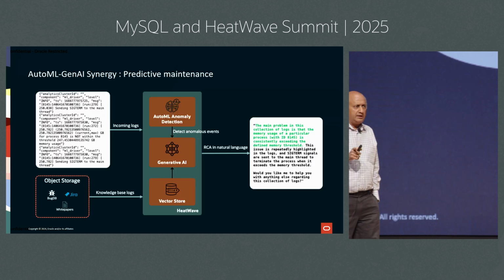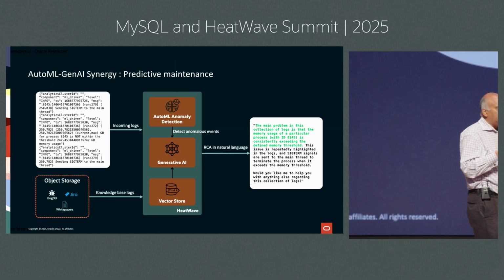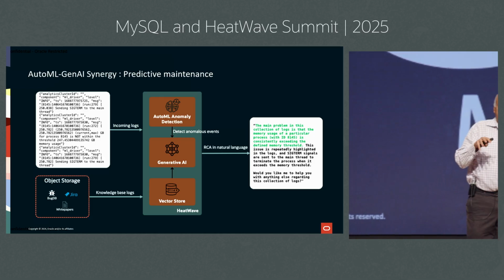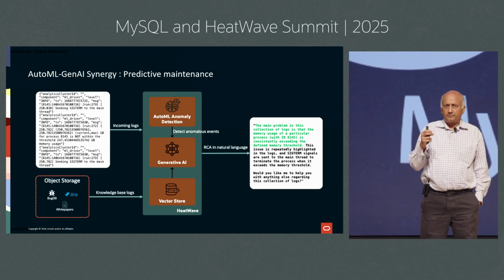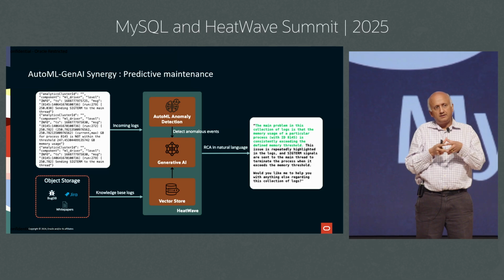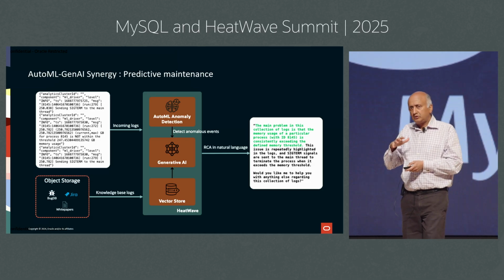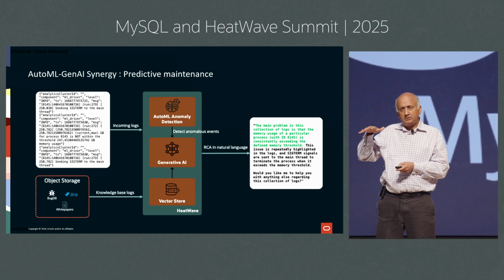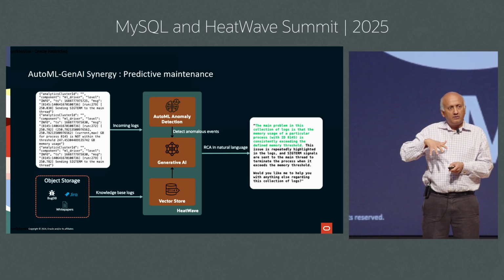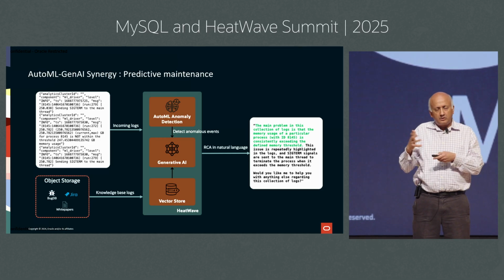Here's an interesting use case by one of the large customers of HeatWave. They are in semiconductor manufacturing. When they manufacture their chips, they do some testing, and the output of the testing, the test logs, are stored inside a MySQL database. They've been working with us to apply machine learning to these test logs to determine which of these logs have anomalies, which would give them a sense of which of the test chips have some issue.